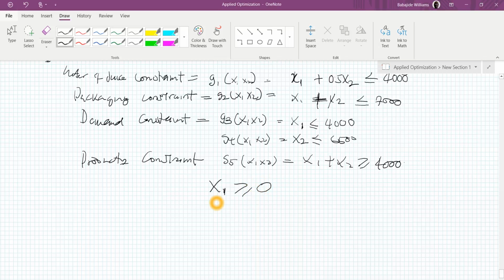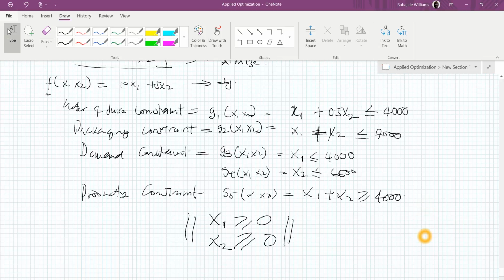And x2 must also be greater than or equal to 0. These constraints are critical, even though it's not stated directly in the question. And that's important for us to know, because you can't have negative bottles, right? You can't. So that is it.